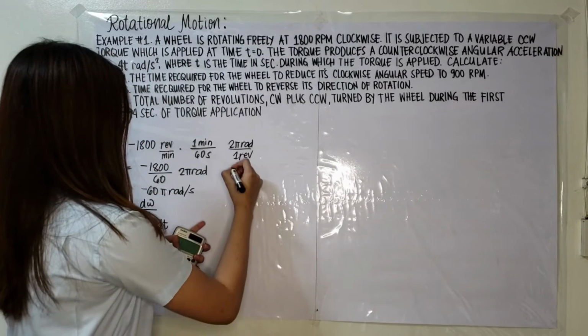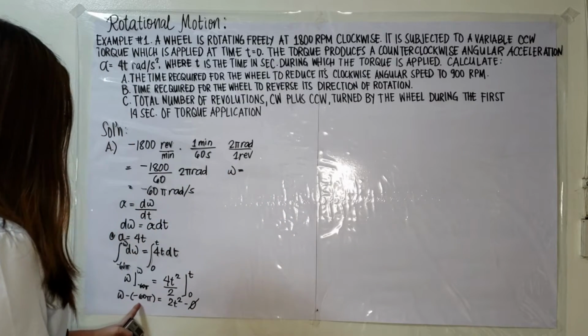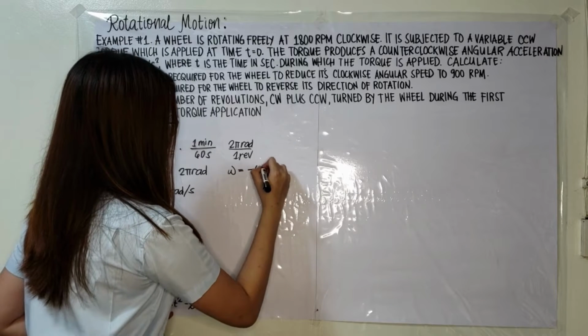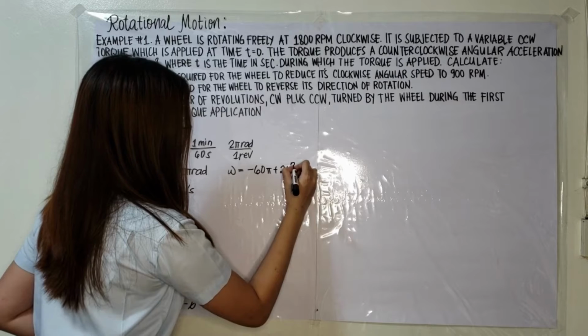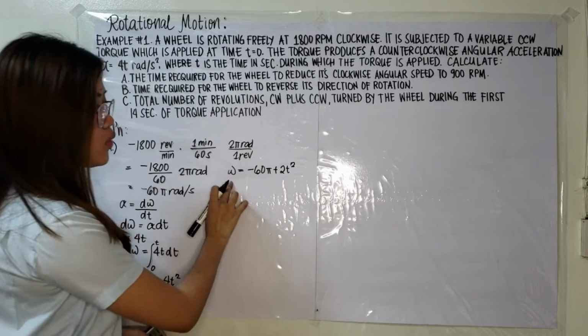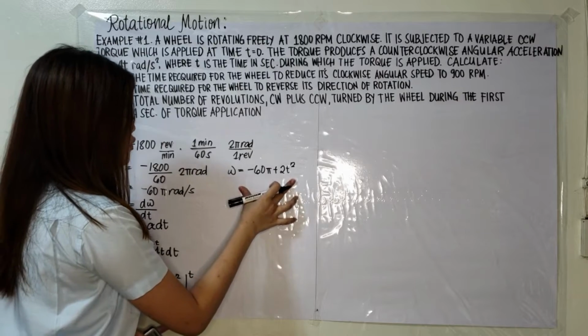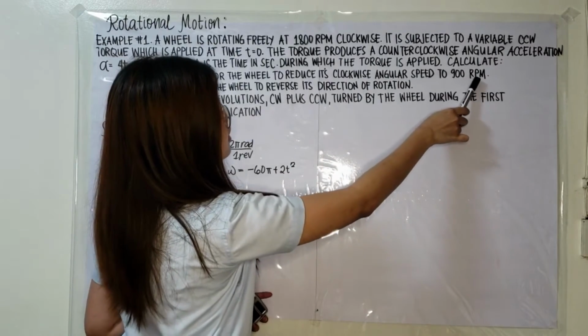Canceling, and transposing, the angular velocity is equal to negative 60 pi plus 20t squared. With this equation, we will substitute the clockwise angular speed, which is 900 RPM.